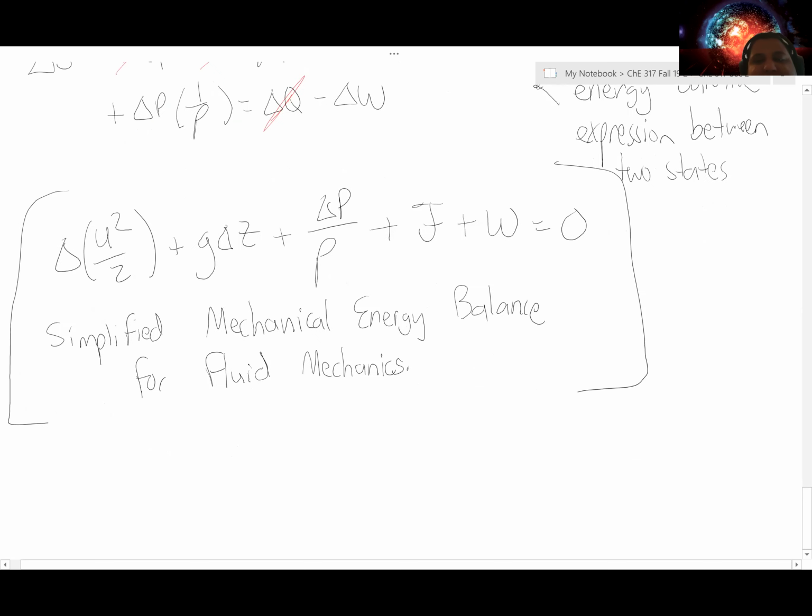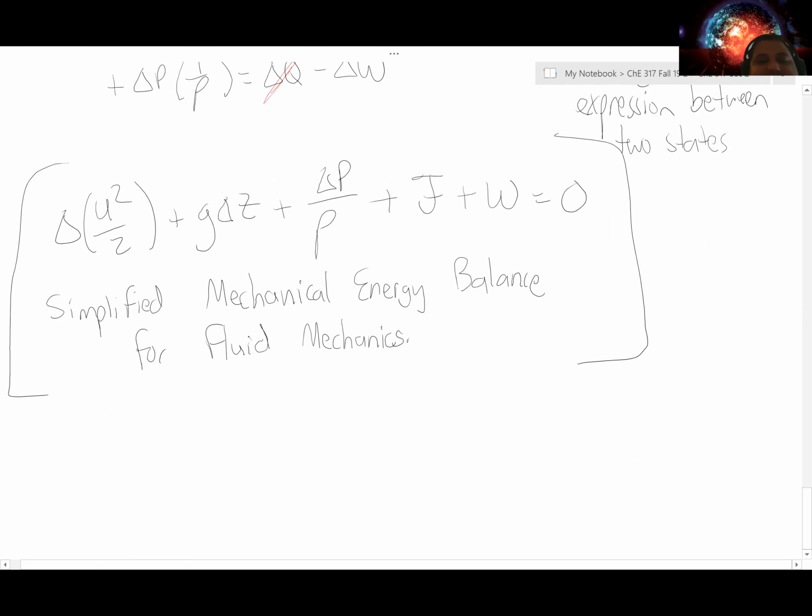Now, a couple reasons why I got rid of the delta F and just called it F. Friction by definition is a value associated with net dissipation between states, and so the delta is largely redundant.